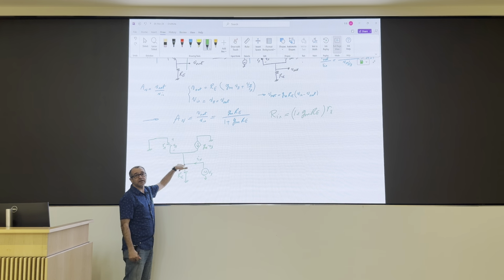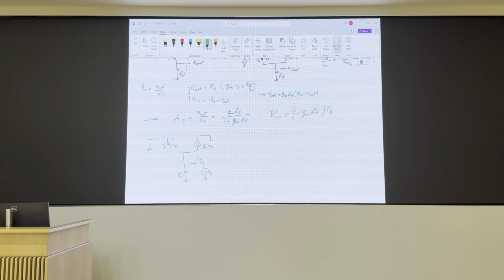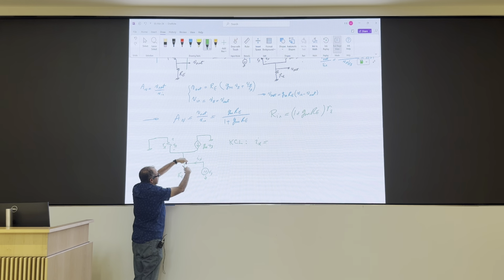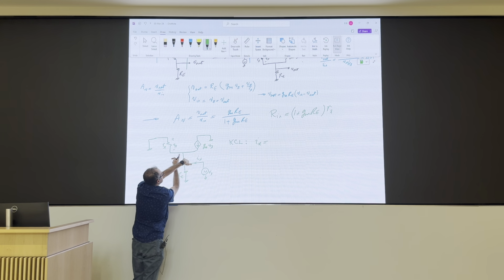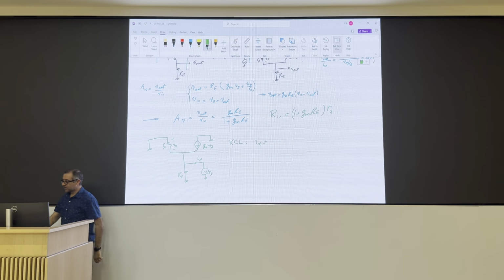So I already did KCL here. Ix, that's the current that is entering the node. This current is going to add up to this plus that plus that, right? The three currents that are going out.